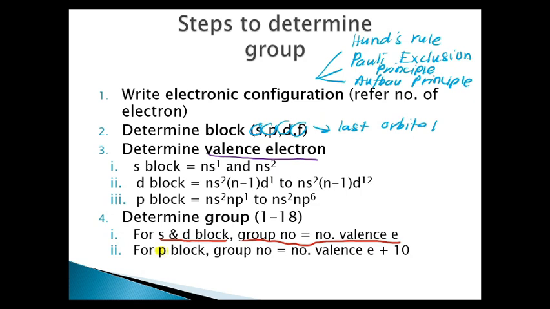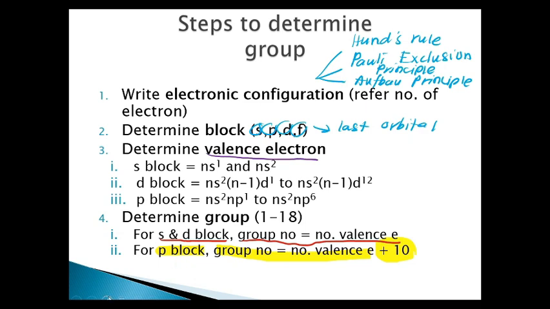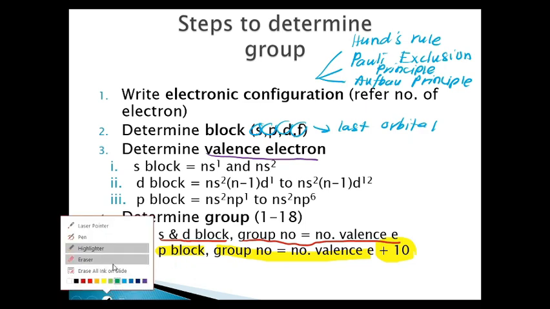But for P block, which is quite special, the group number is equal to the number of valence electrons plus 10.